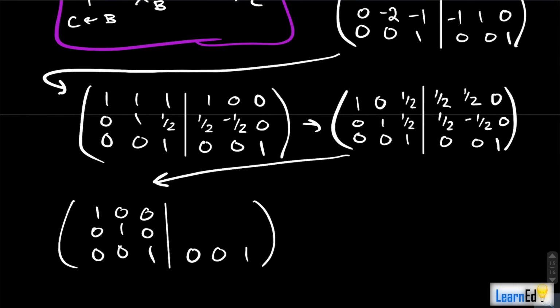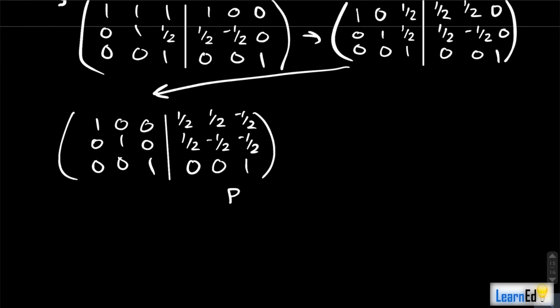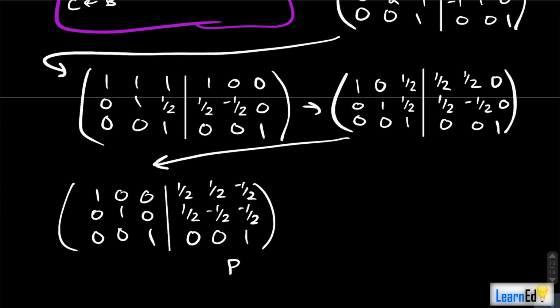So that doesn't actually change anything in the first two columns in the augmented section because these things are zeros. But then multiplying 1 by -1/2, we'll get a -1/2 here and a -1/2 here. Okay, so we finally have P of B to C.